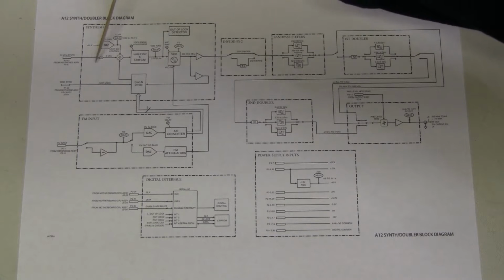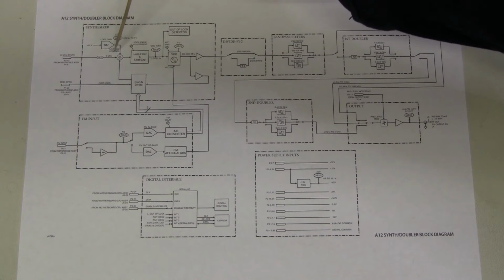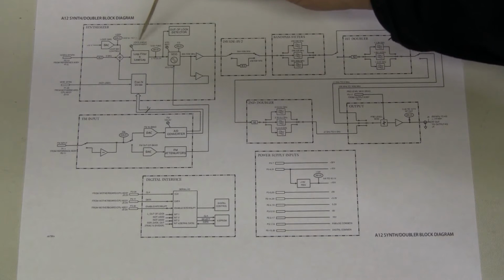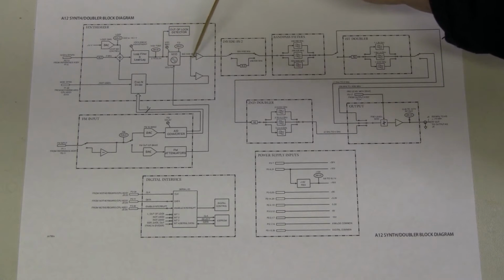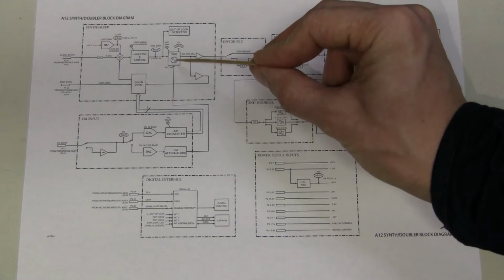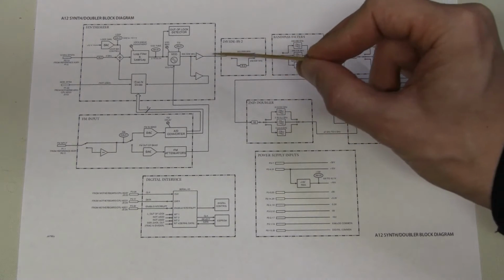It gets divided by 2, and the 5 MHz reference goes to this phase detector, the output of which goes through this loop filter, and the resulting voltage is used to tune this voltage controlled oscillator. It produces from 500 MHz to 1 gig.